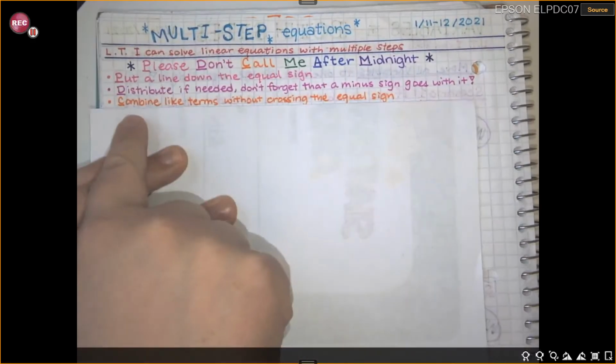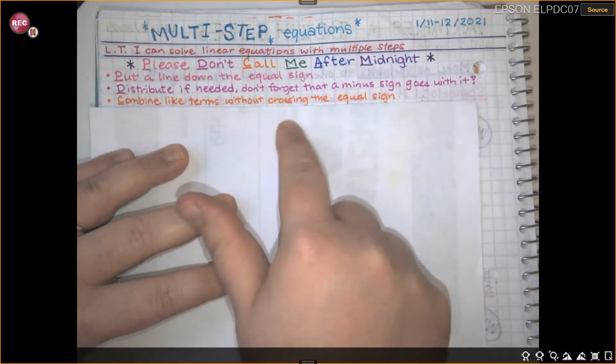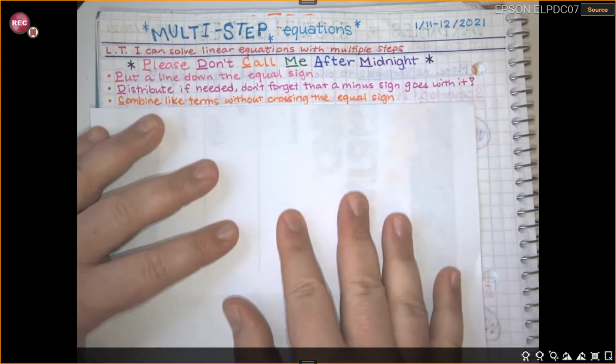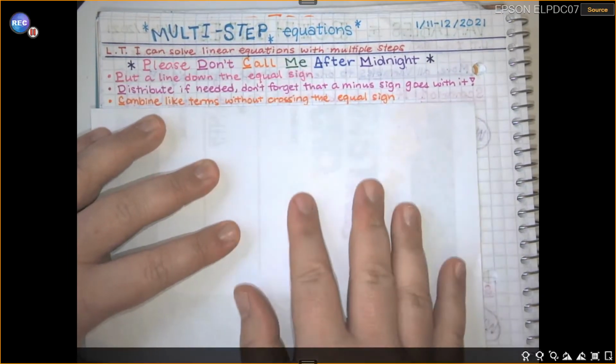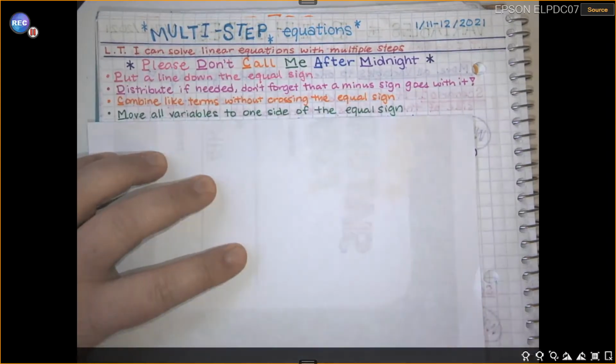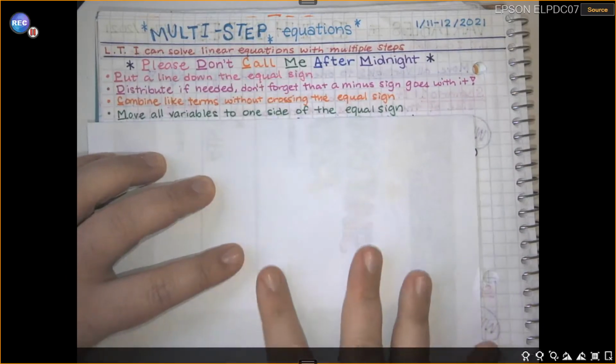The C from call stands for combine like terms without crossing the equal sign. Okay. And then the M from me stands for move all variables to one side of the equal sign. That's what we studied last class, is what happens if there's variables on both sides.